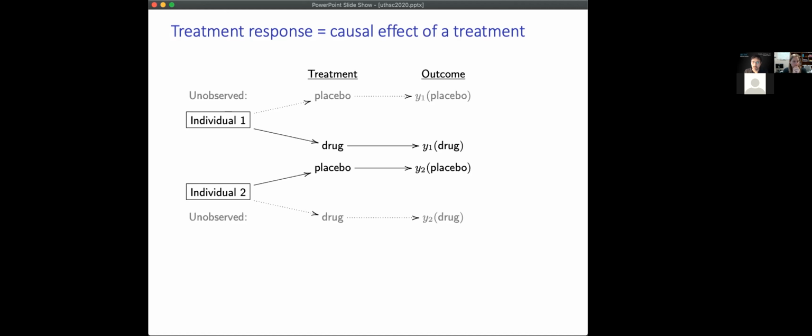And so if that were the case, then we would be measuring Y1 placebo and Y2 drug. So the causal effect of the drug on individual 1 is the difference between Y1 placebo and Y1 drug. And the causal effect of the drug on individual 2 is the difference between Y2 placebo and Y2 drug.